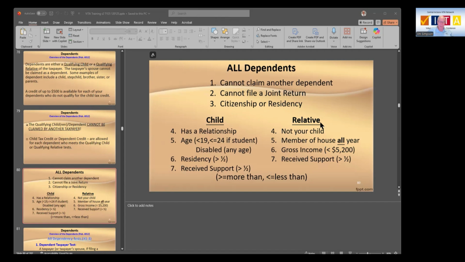Go look at that chart under Table 2 because it expands the blood relatives, but it also says if they're a member of your household all year, even though they're not a relative, they're considered your relative. That's rare. You're not likely to see that most of the time, but it's possible. The big thing is gross income has to be less than $5,200.